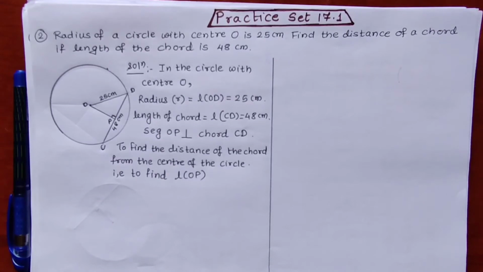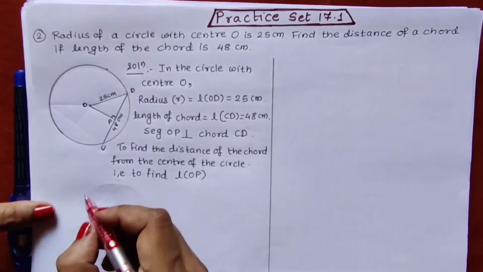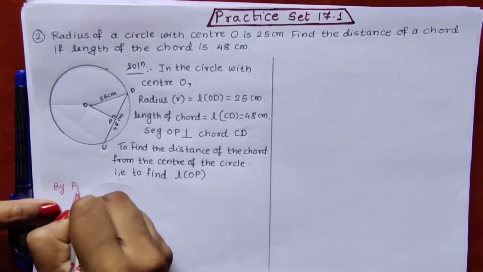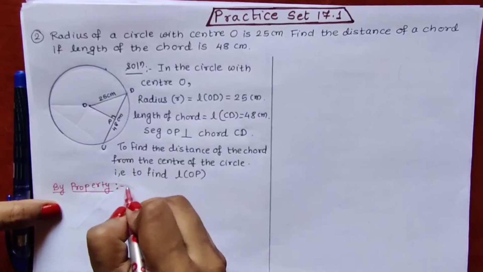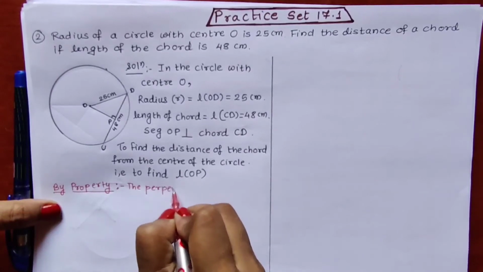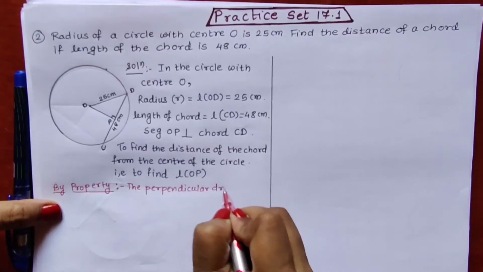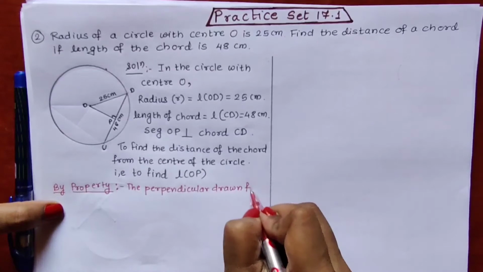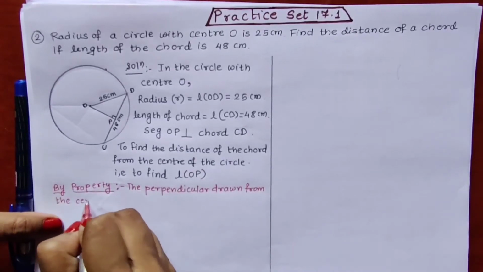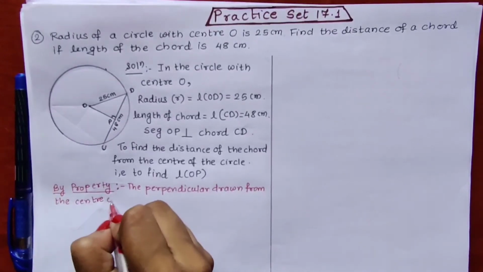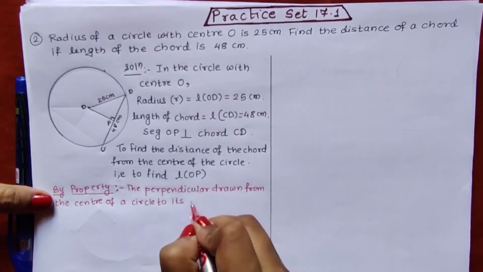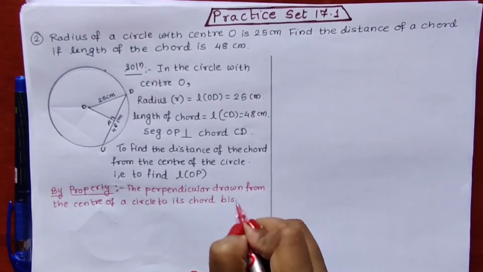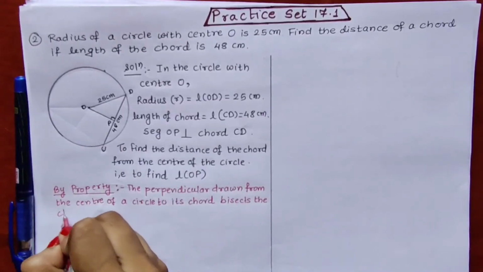Bisect means the chord is divided into two equal parts due to this perpendicular. So by property, I am going to write: the perpendicular drawn from the center of a circle to its chord bisects the chord. This property we have to write in our solution.